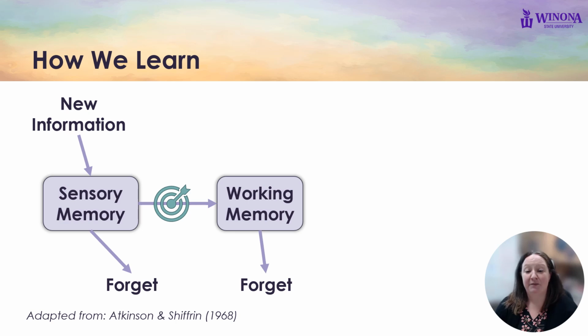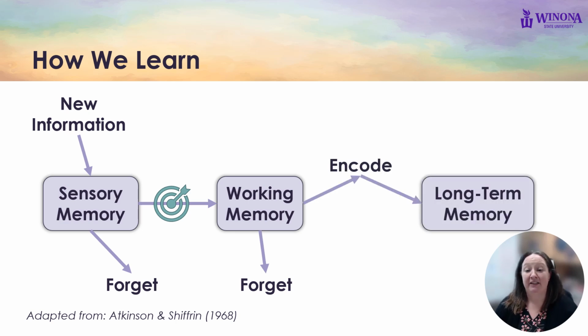The next piece: once information is in our working memory, our goal is to encode it so that it moves into our long-term memory. The long-term memory is where we store information in categories or schemas. For example, we might categorize things as types of butterflies or bones in the body.